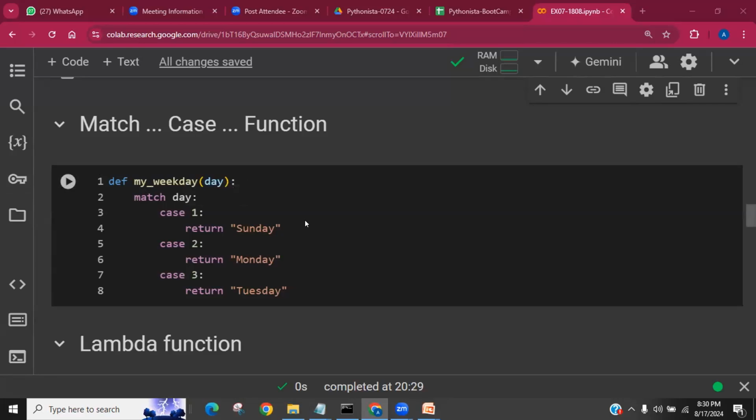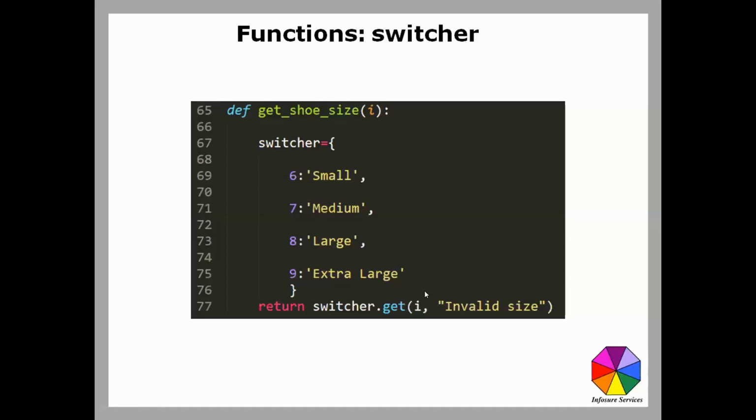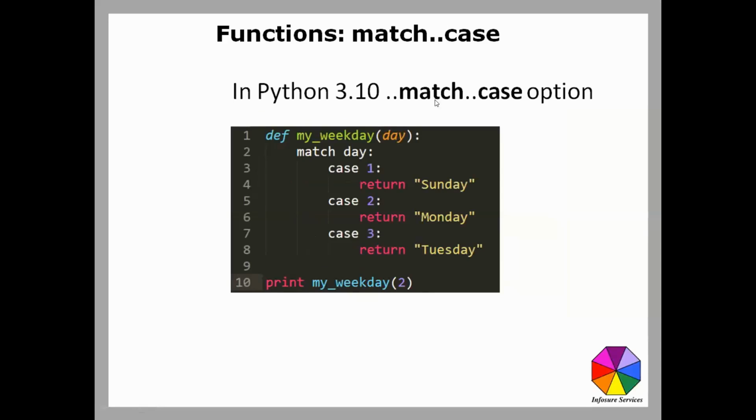Somewhere around Python 3.10 version, match case was included. The match case option can be put inside the function definition. So def my weekday, within brackets, parameter is day. This parameter you're checking inside as match day.